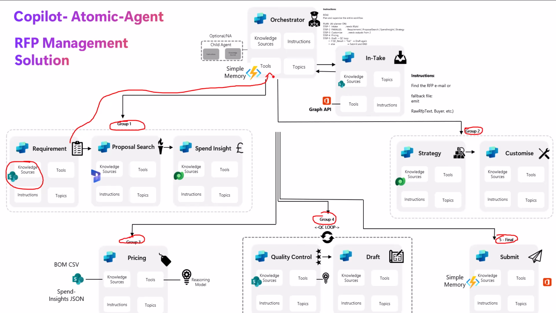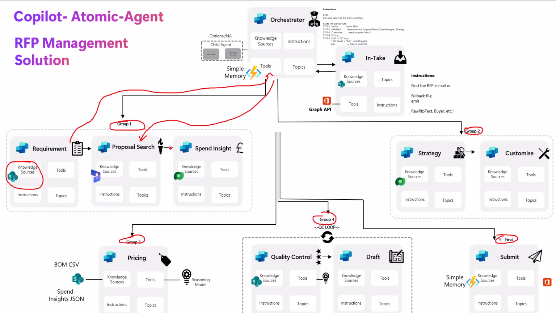Now we might want to look at other proposals we've done in the past to reuse some information there, or even if we failed on an RFP before that has similar requirements, what learnings did we capture last time. So the orchestrator is able to look at the plan and say, go and get this information from the proposal search, and so on and so forth. So it's going up and down the orchestrator depending on the information it has access to.